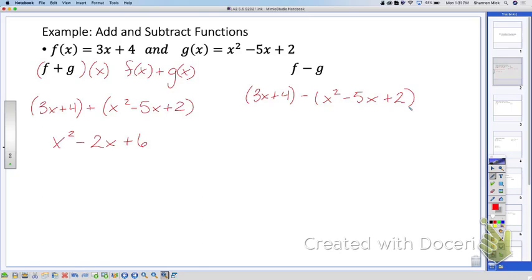Distribute your negative. He's forgetting to distribute the negative. Once I distribute the negative, is it any different from the other problem I just did? No. So I distribute this negative, so this makes it a negative x squared, a positive 5x, and a negative 2. And then I do what? Combine like terms.